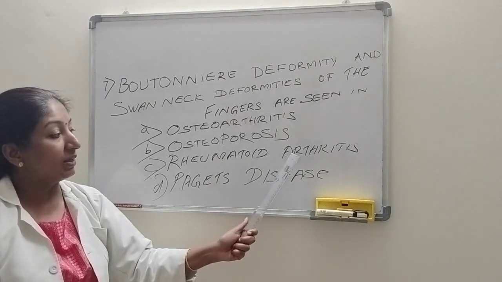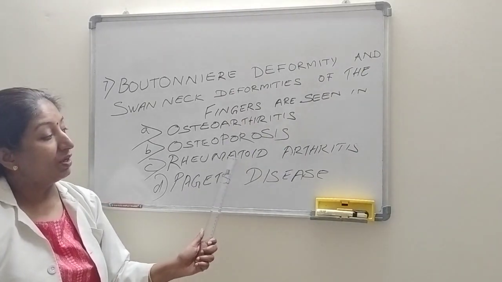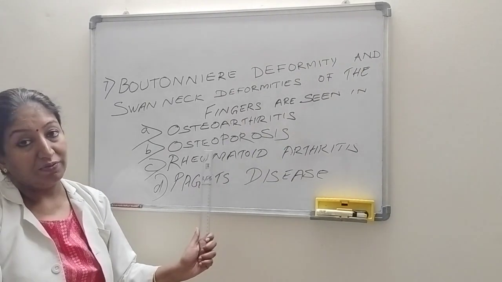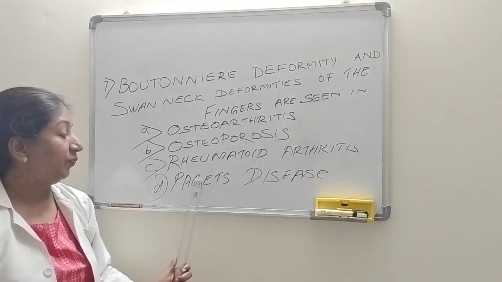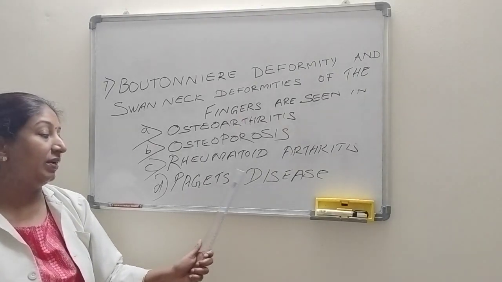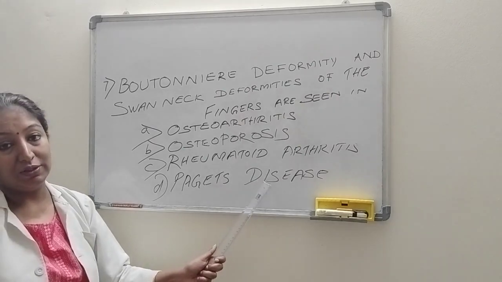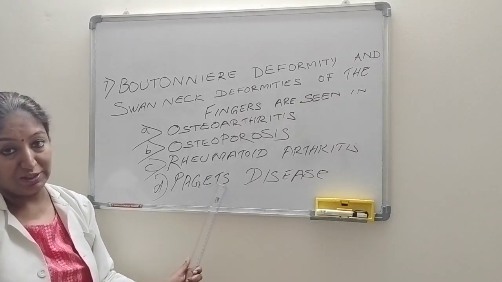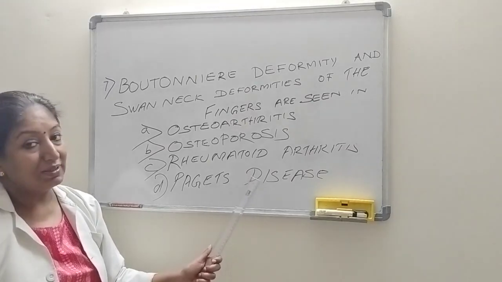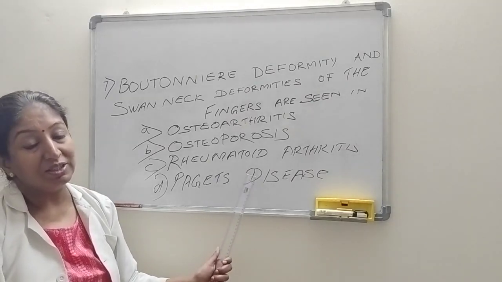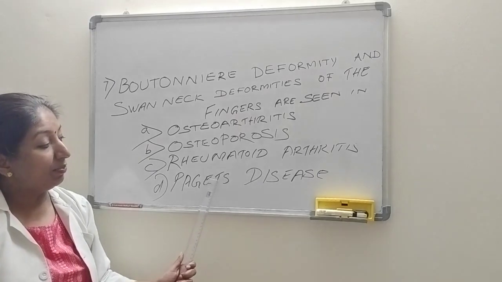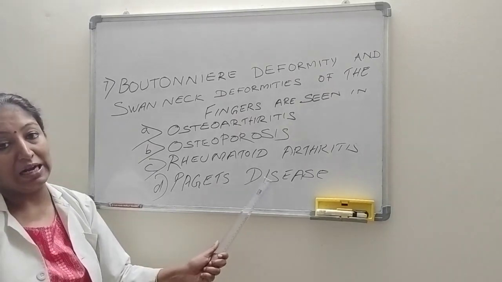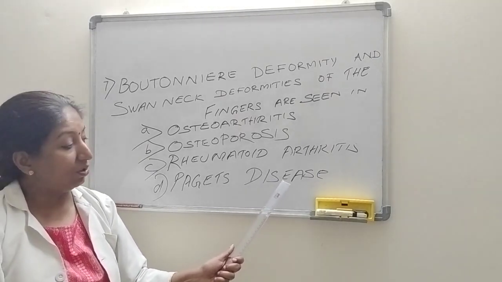Third one is rheumatoid arthritis. It's a chronic inflammatory condition of the joints which affects the hands and feet also. And Paget's disease is an abnormal disorder of the bones. Here the normal renewing and repair of the bones is not taking place. So the bones will become larger, weaker, and ultimately it leads to fracture and deformities.